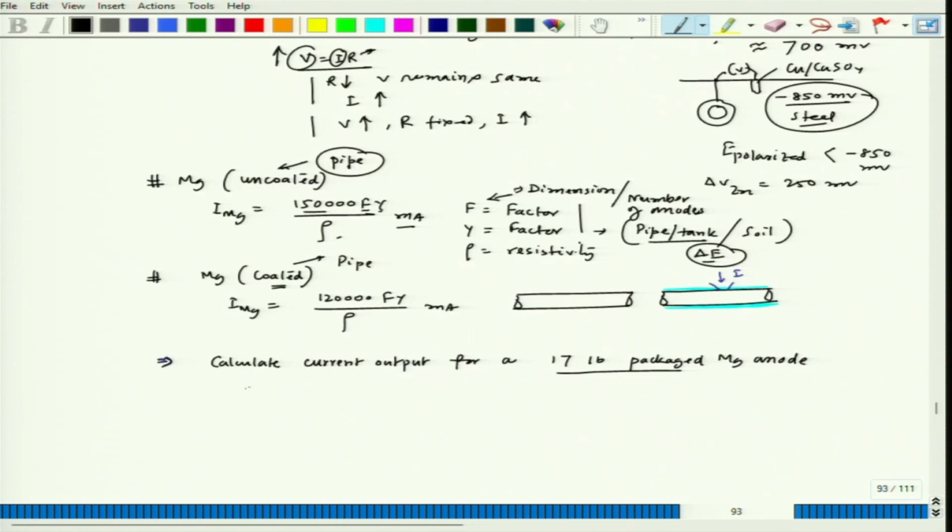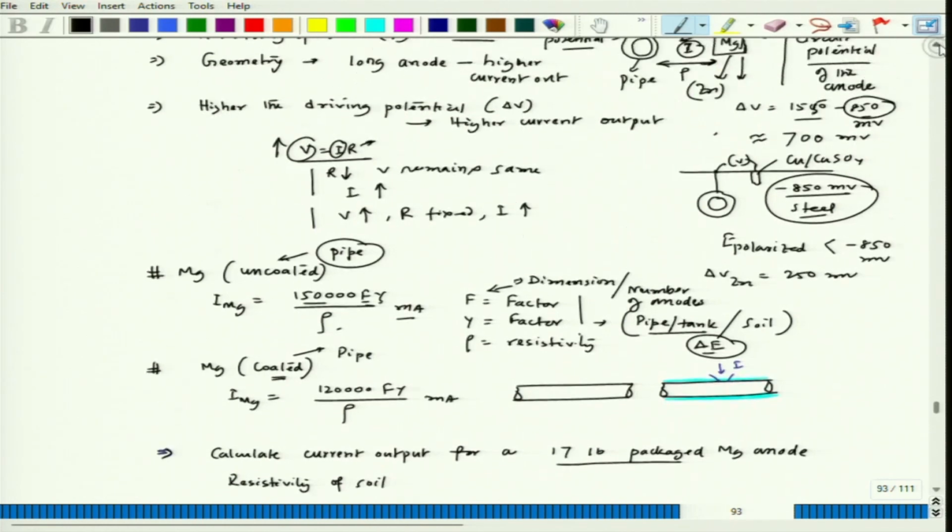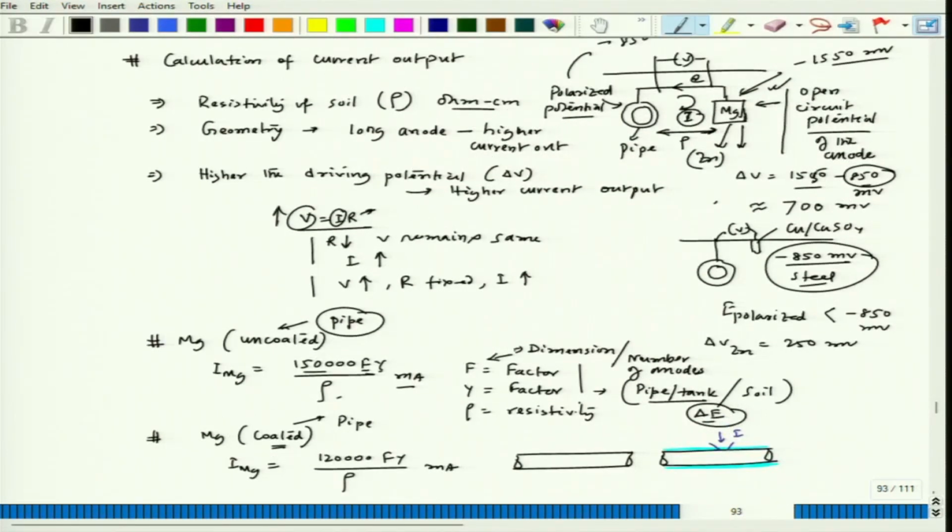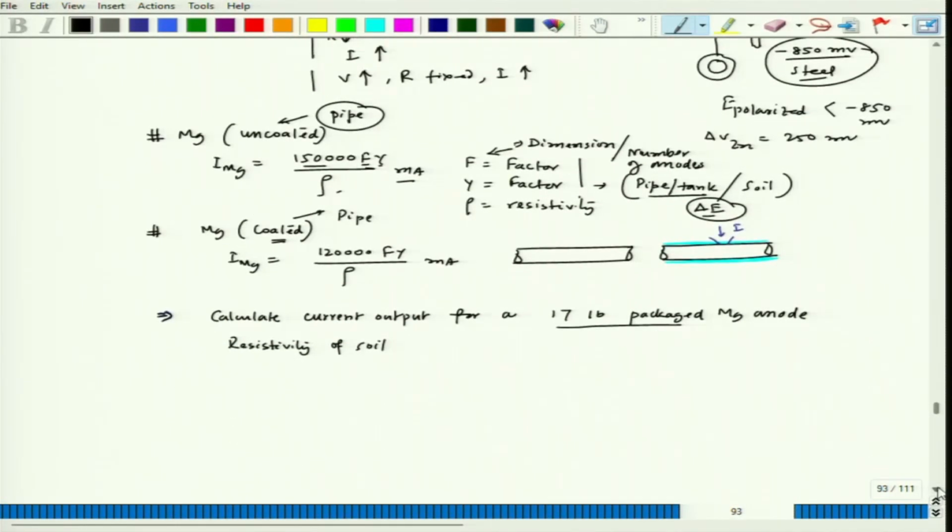Now, the resistivity of the soil, since this is the same arrangement as we have here, is 2000 ohm centimeter, and the pipe, one pipe is being protected, so that is bare or uncoated.